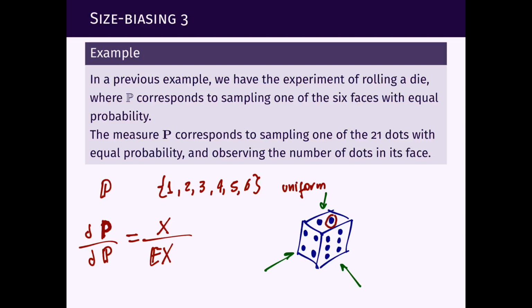We're choosing one of these 21 dots that we have on the die. We're choosing one of them with the same probability, and whichever one we choose, we're asking how many dots there are on that face. This would be the size biasing of the experiment of rolling a die.